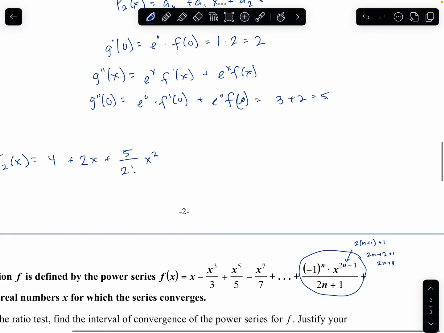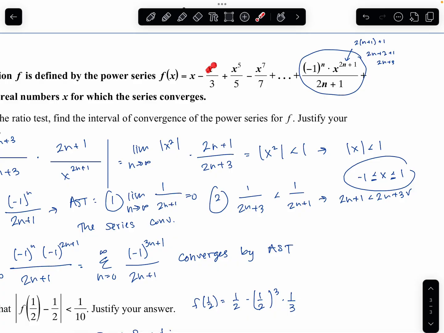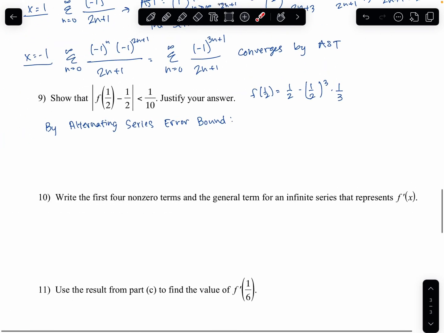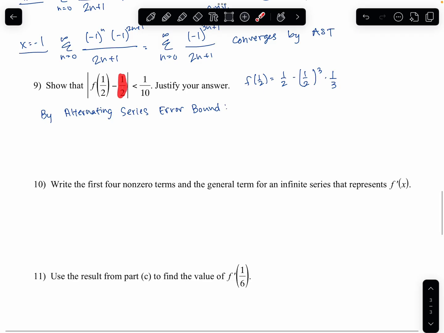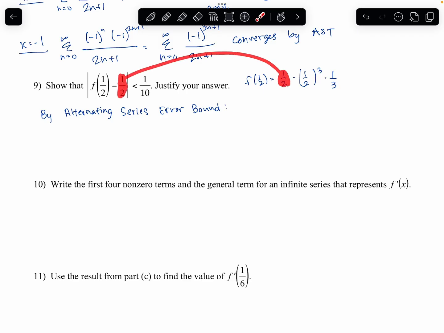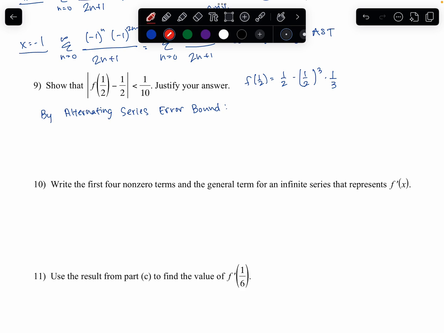So that's going to be this term. Notice here that 1/2 is the first term right here. So they're only using the first partial sum. That means the truncation, the first unused term, is this term right here.